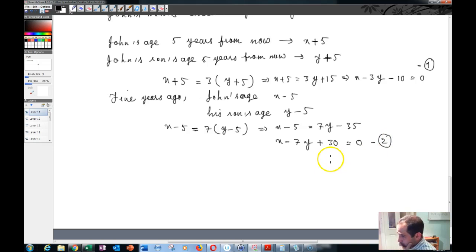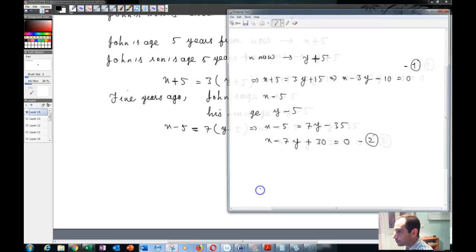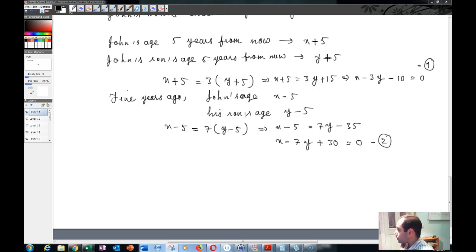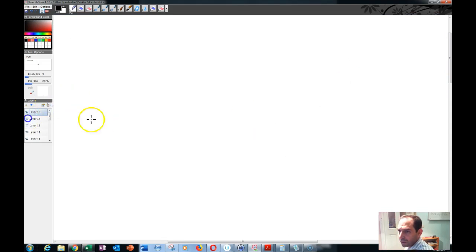And so I take these two equations from here, and I need to do a new sheet over here.